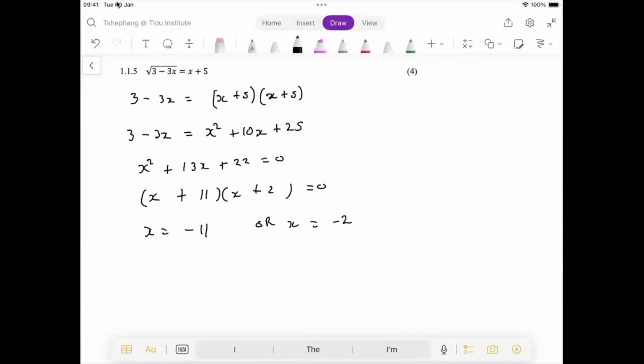Now we need to check which value doesn't work, right? And you have to substitute. You're going to substitute the negative 11, you'll see that it doesn't work. But if you substitute negative 2 in the original, you'll see that it does work. So x is going to be negative 2. And that is how you deal with that question. Okay, you can quickly take a screenshot, but let's quickly move on.